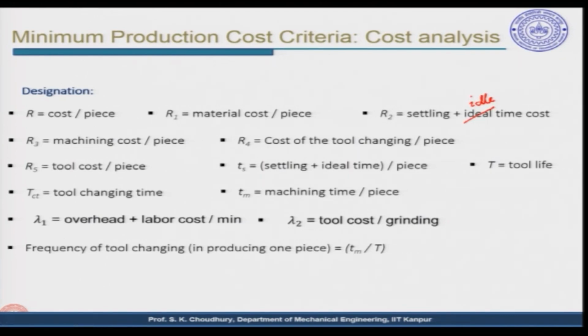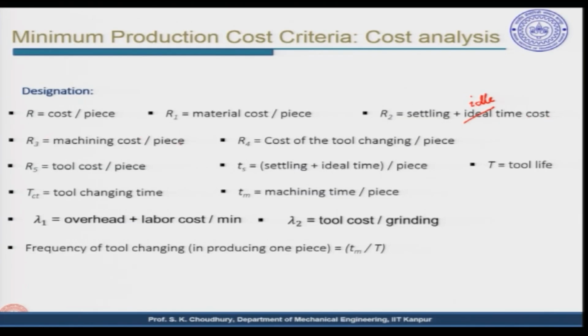Like, one pass has gone, and in between if the parameters have to be changed, then that machine does not work, but that time also has to be considered. So, that is called the idle time. So, this is R2, which is setting plus idle time cost.